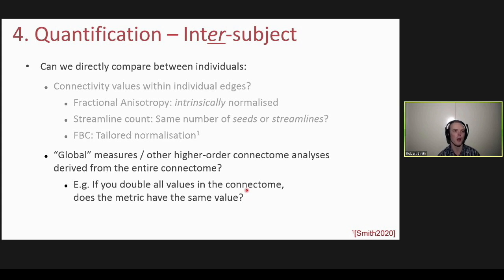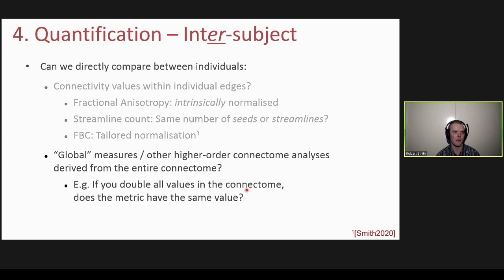If the result that comes out of your analysis is different, then there's scope for any influence that differs between subjects that modulates that kind of global amount of connectivity to potentially be driving differences in your analysis.